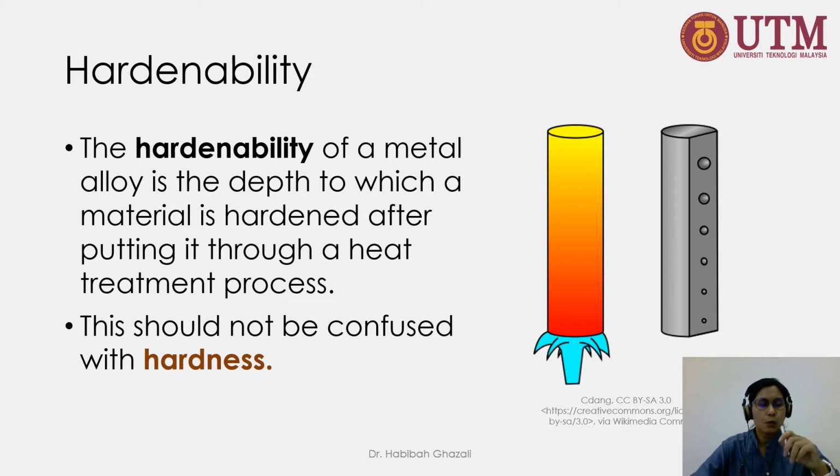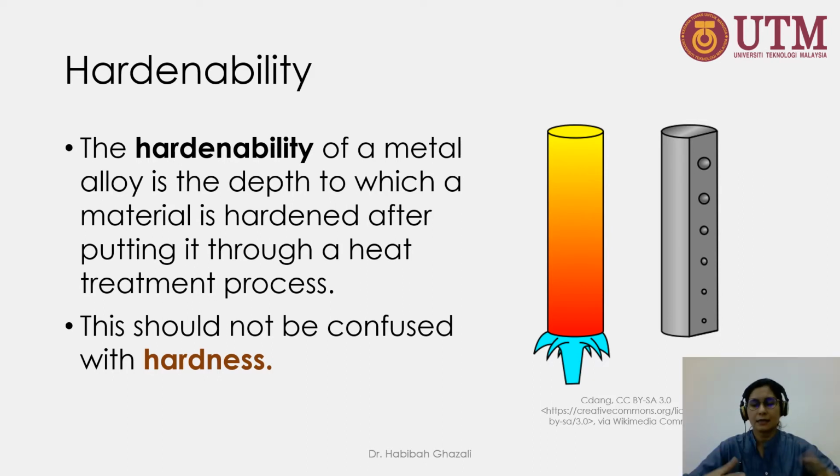In metal A, what I observe is that 8 millimeters from the surface I have martensite, whereas for metal B, only 4 millimeters from the surface transformed into martensite. So I can say that metal A, with 8 millimeters of martensite forming from the surface, has a higher hardenability than metal B. That's just a simple example of how to explain hardenability.